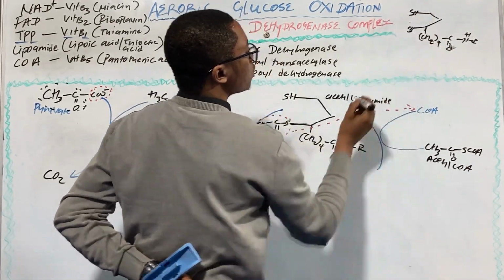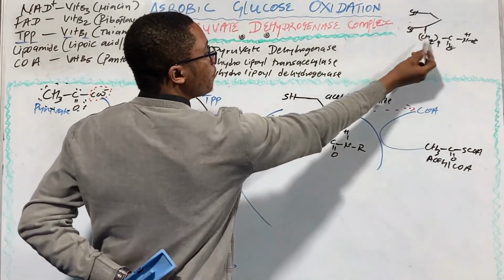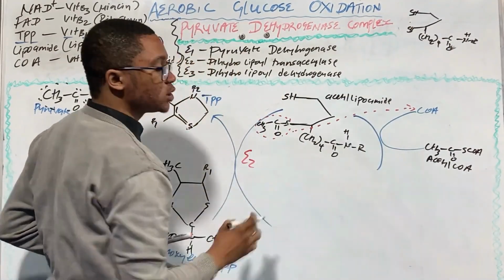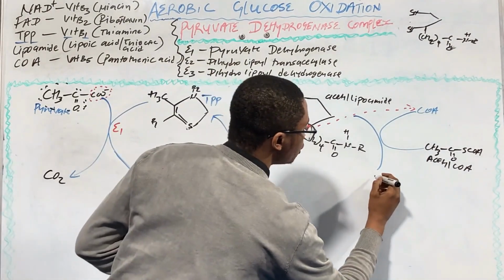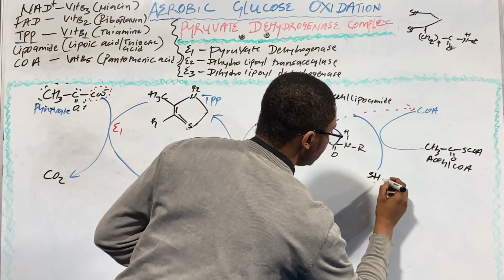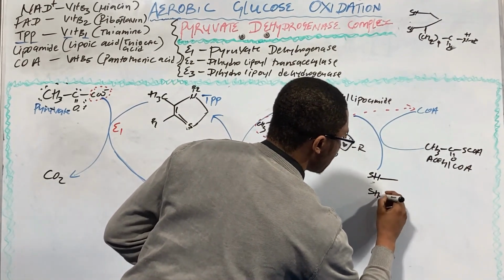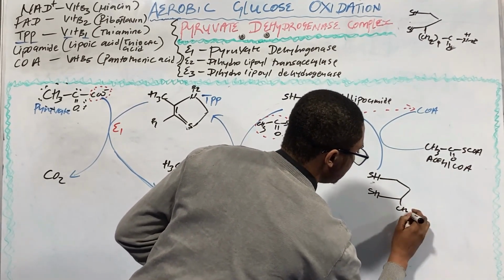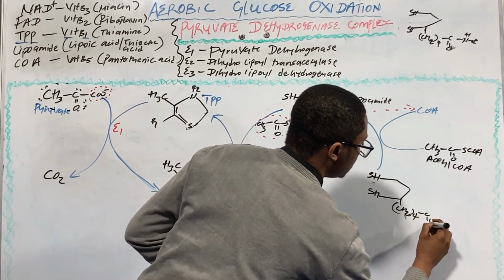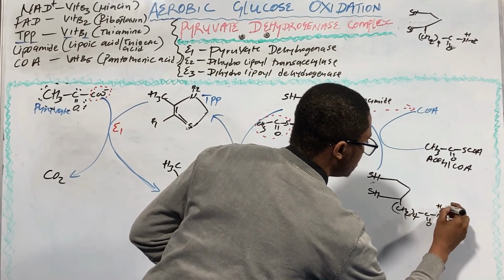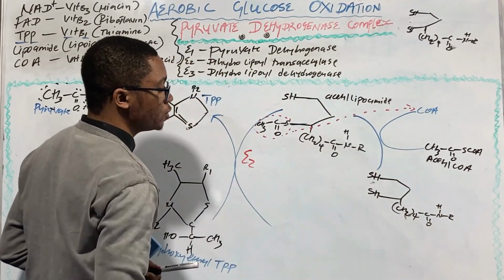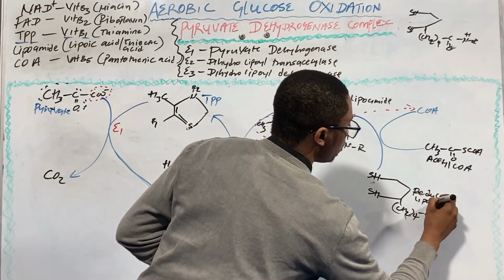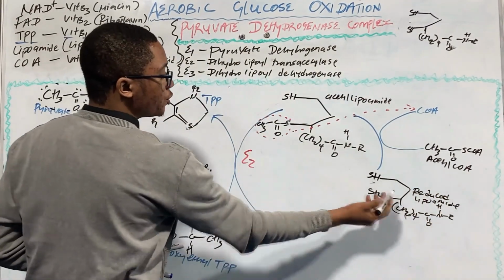So we form a second thiol group, which means this lipoamide is reduced already. So here we have a reduced lipoamide.